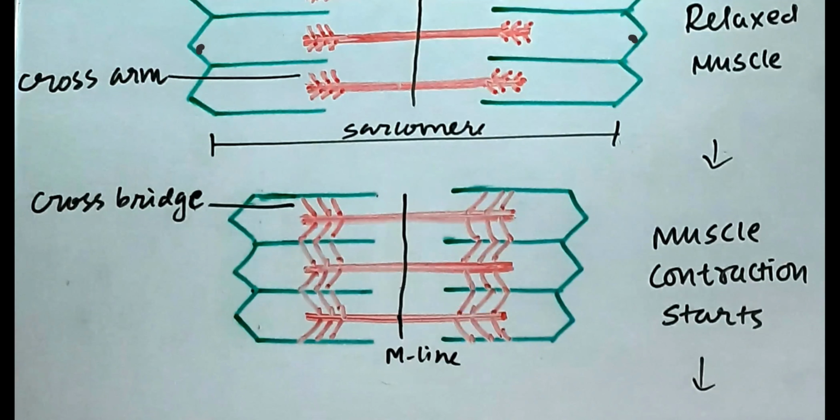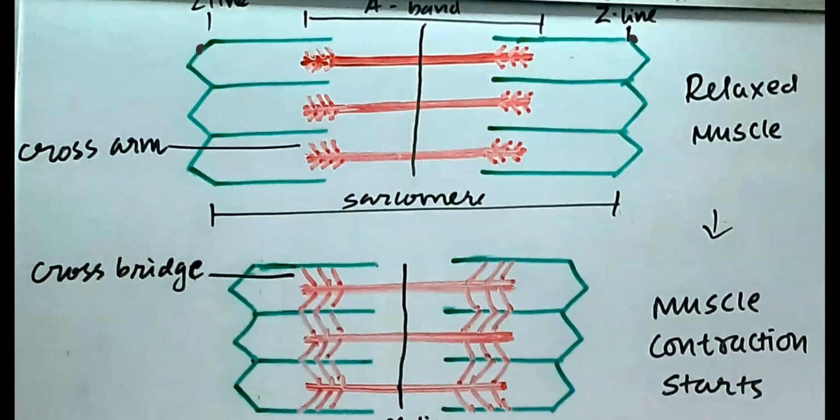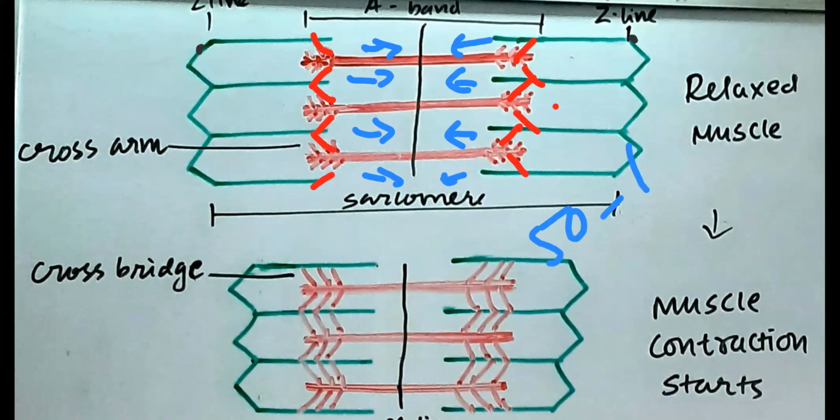You got to imagine that when these cross bridges are formed and they will be pulling the thin filaments inward, they will be heading towards which line? M line. But for that, 50 to 100 times pulling is required.